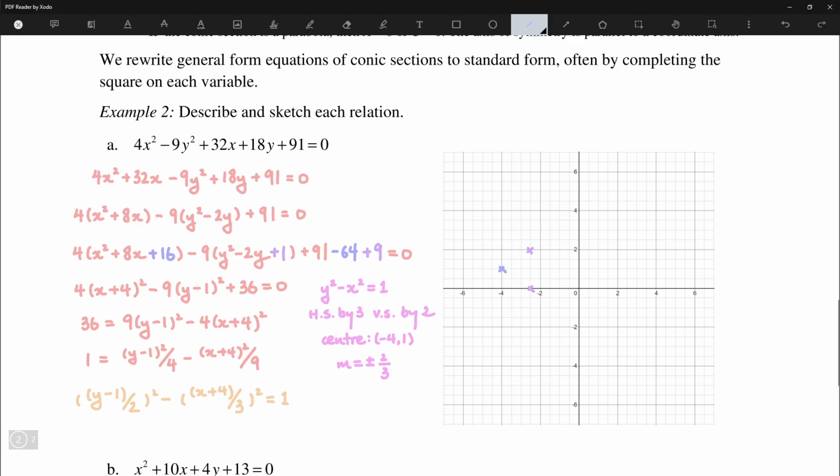Let's go ahead and draw those in. Likewise on the other side as well.